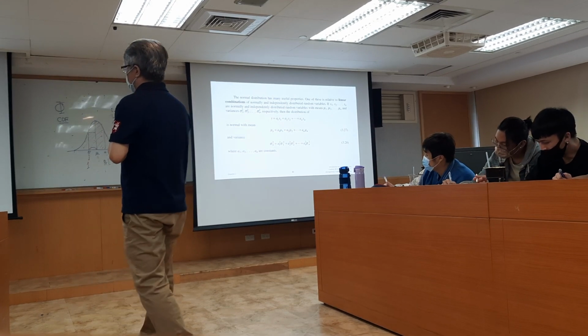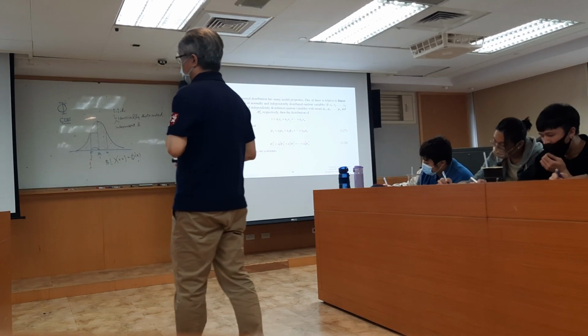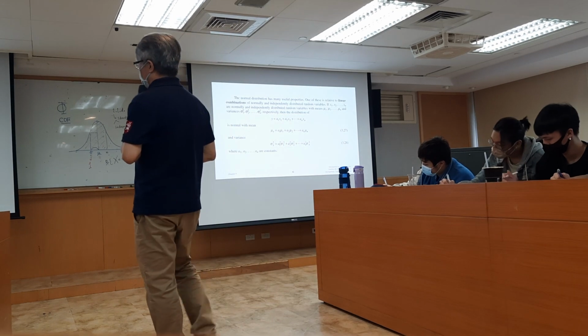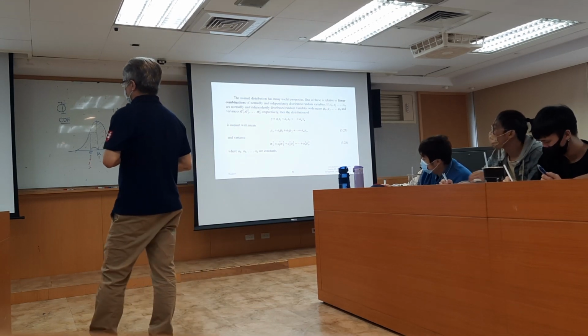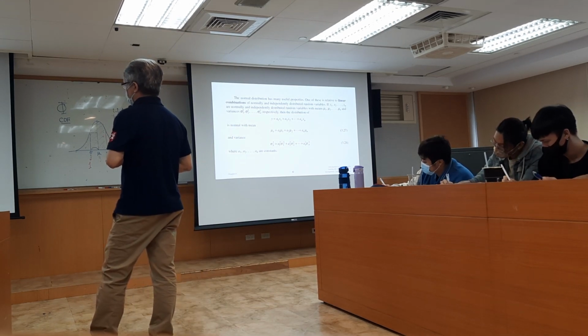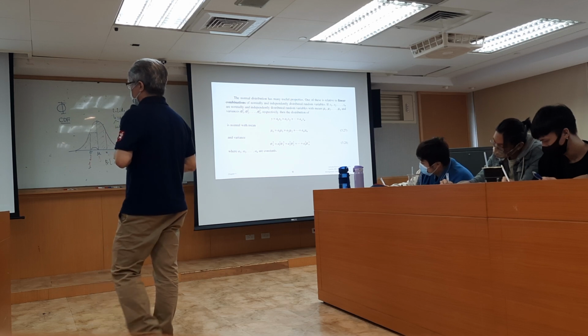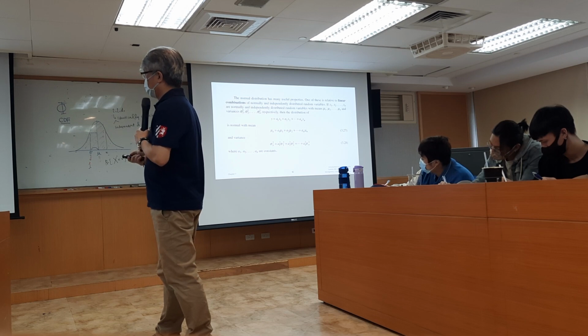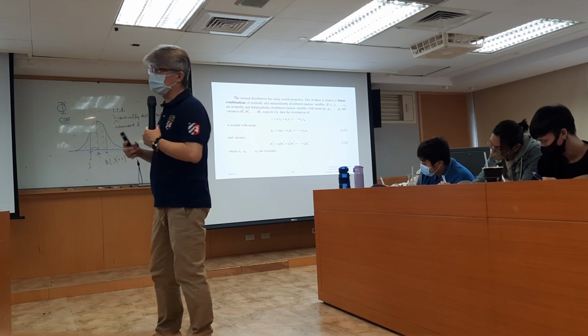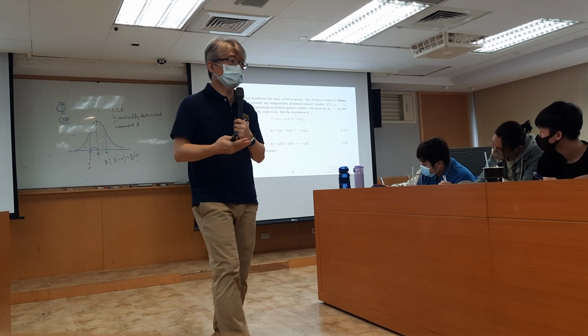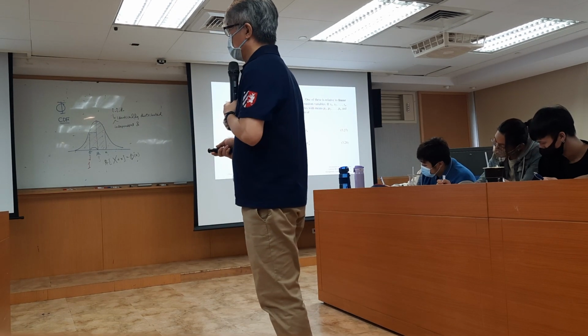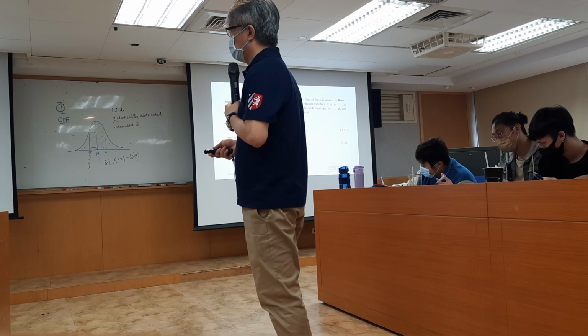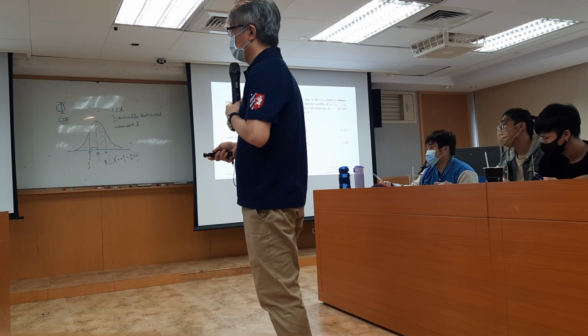So if x1 to xn are normally distributed and independent random variables with means mu1 to mu n, and standard deviations sigma 1 to sigma n, then the distribution of y still follows the normal distribution. Since they are IID, a1, a2, an are constants.